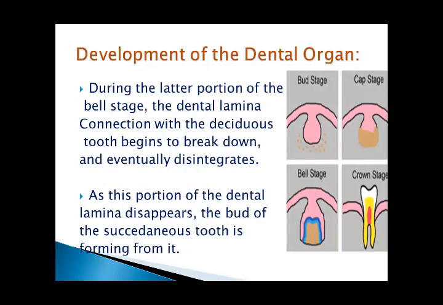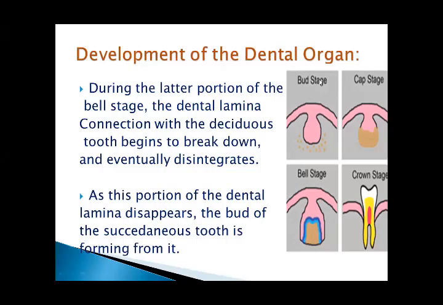During the later portion of the bell stage, the dental lamina connection with the deciduous tooth begins to break down and eventually disintegrates. As this portion of the dental lamina disappears, the bud of the succedaneous tooth is forming from it.